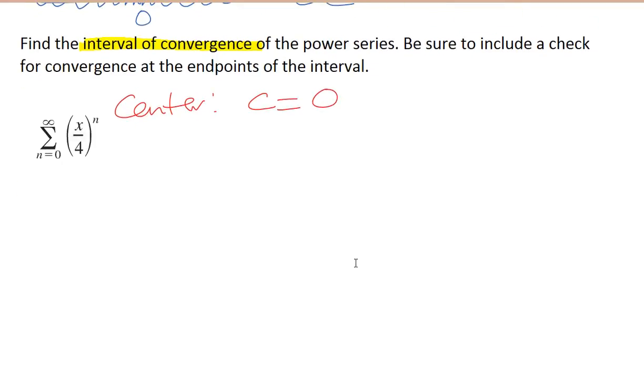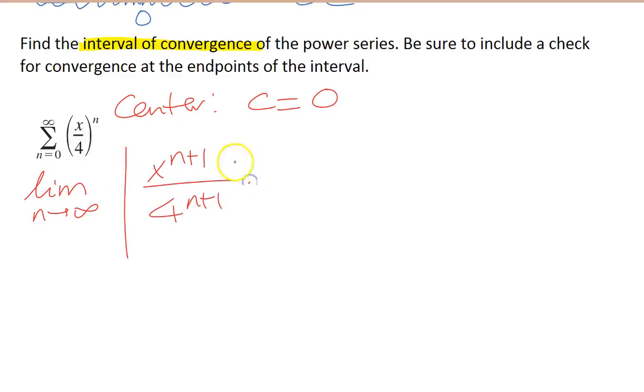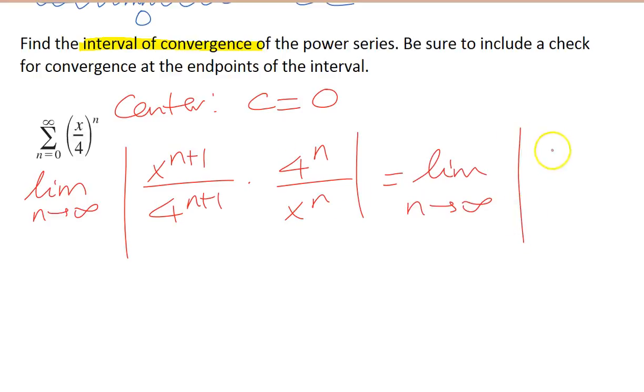So let's do limit as n goes to infinity of a n plus 1, that's x to the n plus 1 over 4 to the n plus 1, divided by a n, flip it and multiply. So this is going to be limit as n goes to infinity of, you have an extra x in the numerator, extra 4 in the denominator. That is the limit of the ratio.